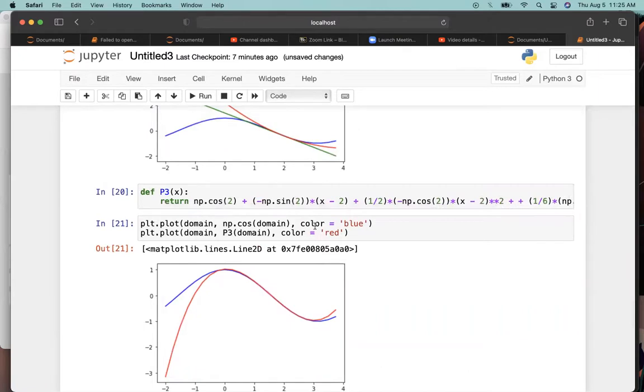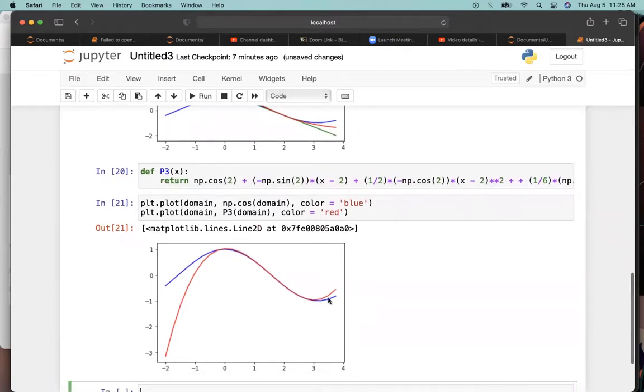Now that the third derivatives match up, look at how it's curving. It's because not only do the function's values match up, the first derivative matches, the second derivative matches, and the third derivative matches. It's becoming closer and closer to the true function, right? And this would work with any function that you give it.